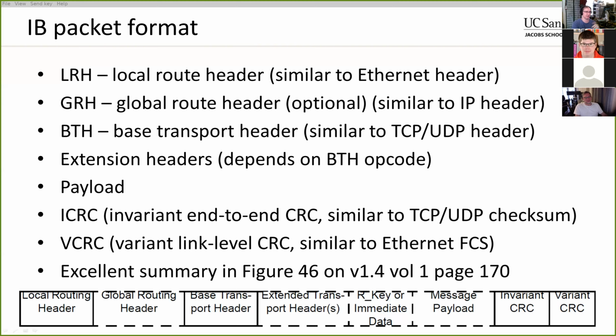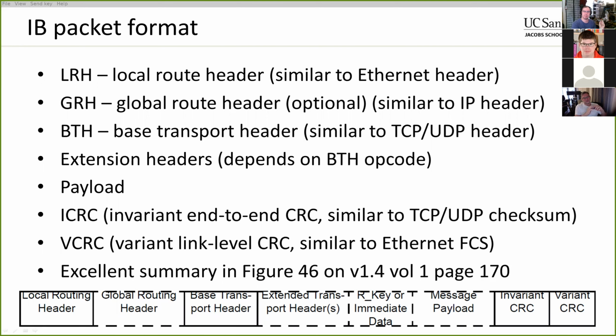It depends on the opcode in the BTH as to which combination of extension headers you're going to have. And there's a table in the InfiniBand specification that maps the opcode to all of the extension headers that are going to be present and in what order for that particular opcode. After the extension headers, you then have the actual packet payload. And then the payload is followed up by the ICRC and the VCRC.